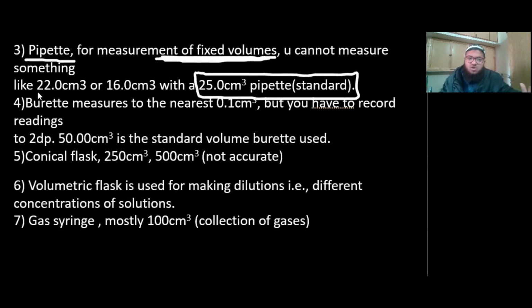That's why you cannot measure a volume less than 25 cm³ with a 25 cm³ pipette. You have to measure out exactly 25 cm³. If you want to measure something less, for instance 20 cm³, then you'll have to use a different pipette which has a volume of 20 cm³.